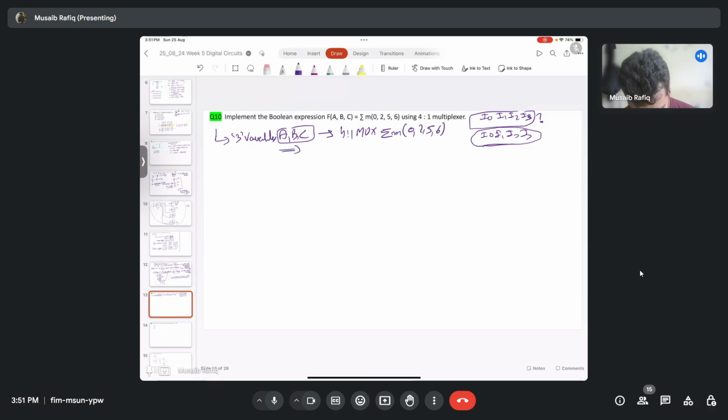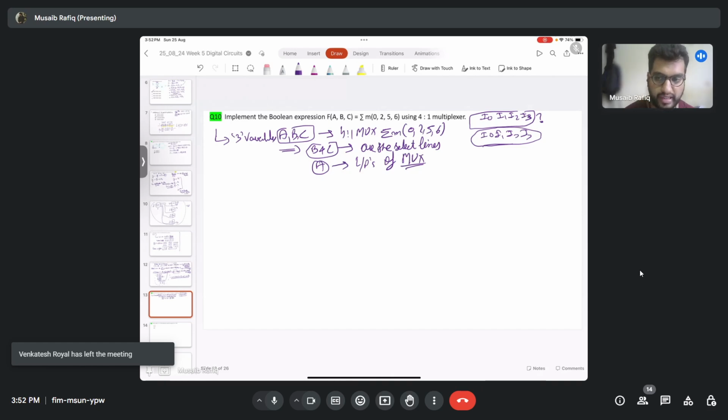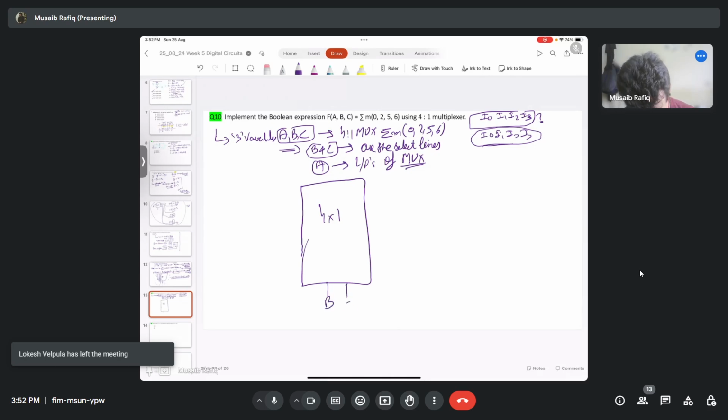So that implies my B and C are the select lines, and A will be applied to the inputs of the mux depending upon the functionality that I have to perform. So this is my 4 is to 1 mux, this is my B, this is my C, this is S1, S0, this is I0, I1, I2, and I3.